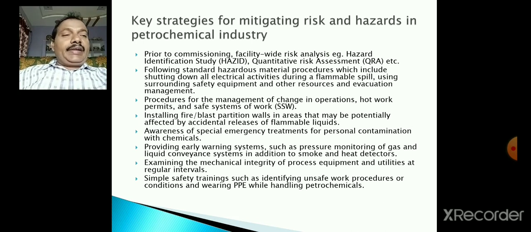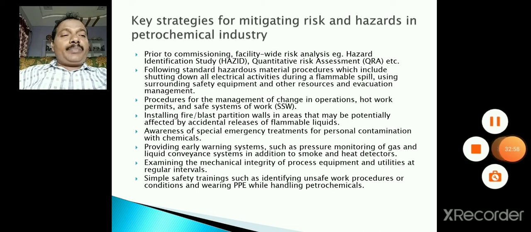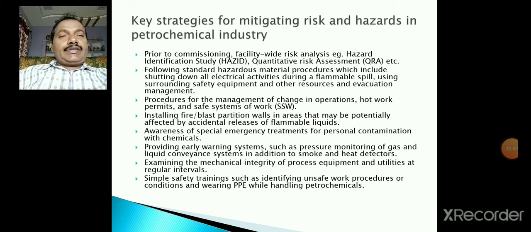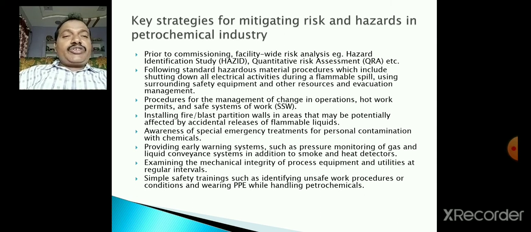So, what are the strategies we have to apply to mitigate such risks and hazards in the petrochemical industry? Prior to commissioning, facility-wide risk analysis, for example, hazard identification study and quantitative risk assessment, QRA.